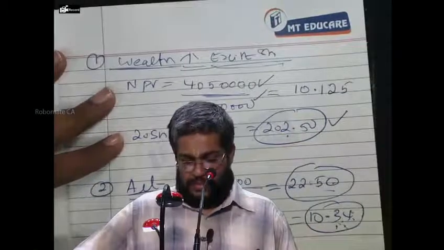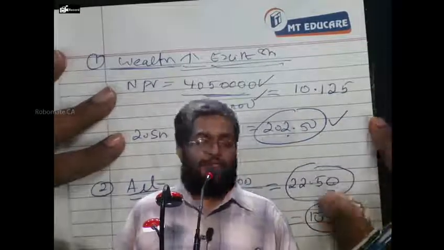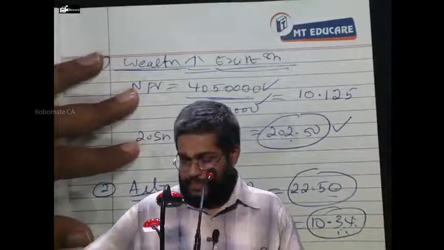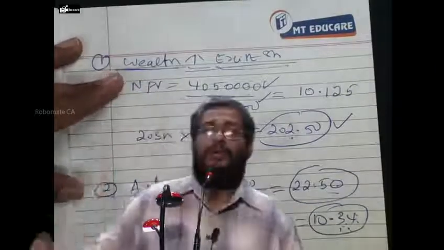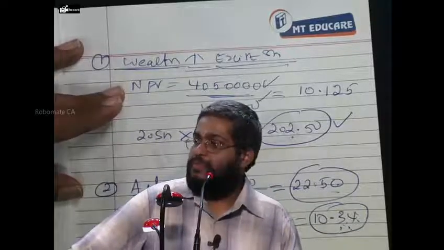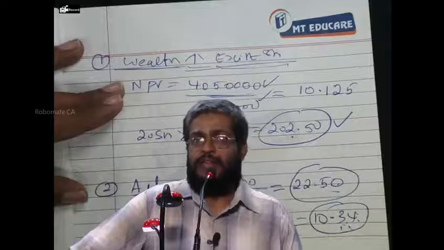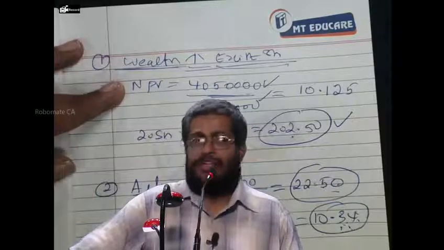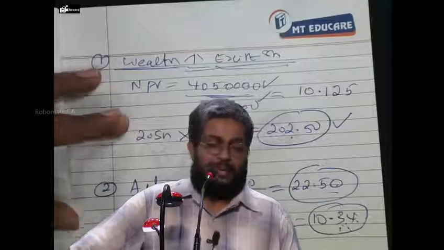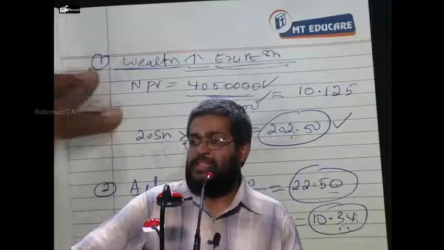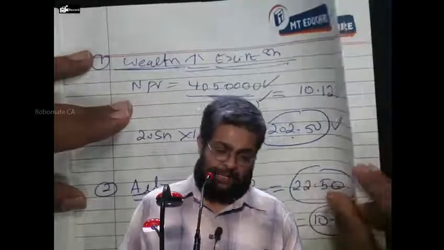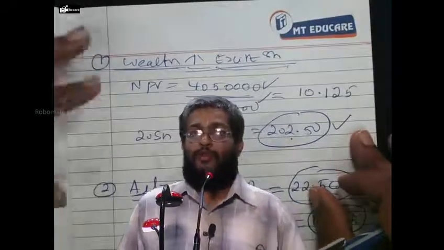First branch, compensation for dilution in wealth. Second branch is share in NPV.